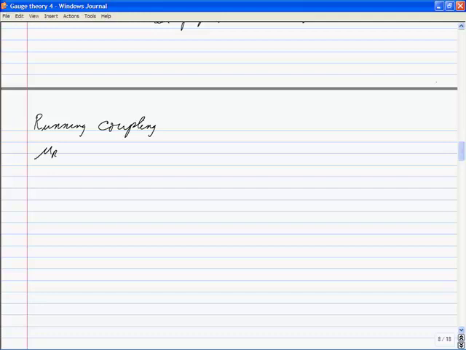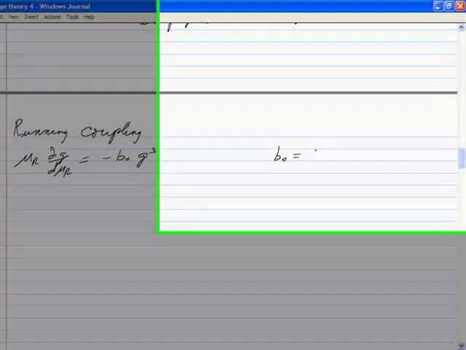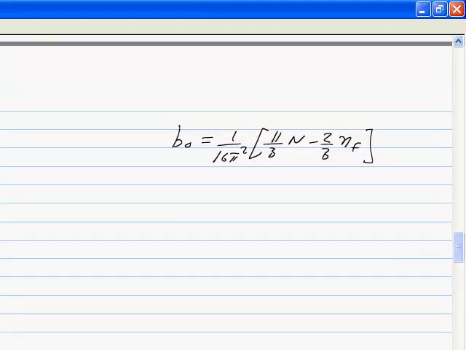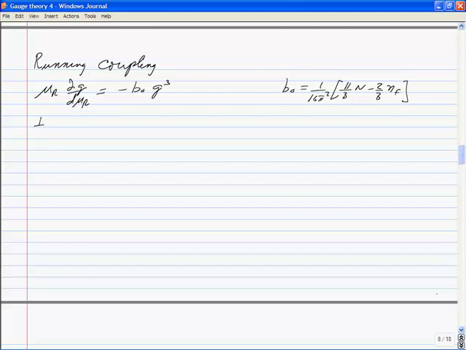Okay, we have mu r dg d mu r is minus b0 of g cubed. And b0 is this 1 over 16 pi squared times 11/3 n minus 2/3 the number of fermions. And let's just quickly run through the steps to get the final form. We integrate this.